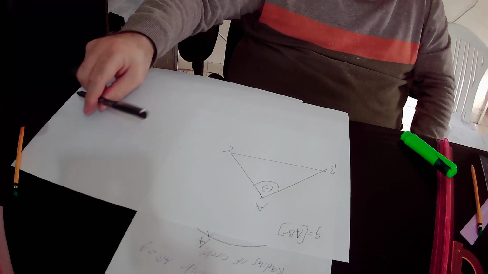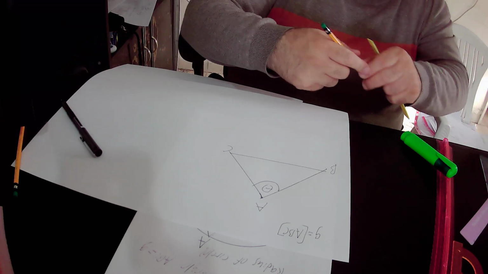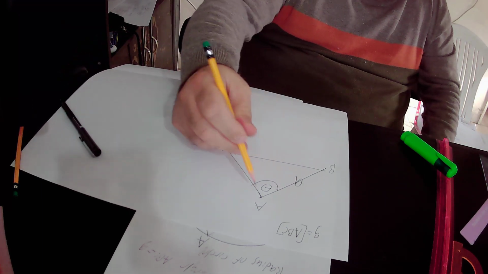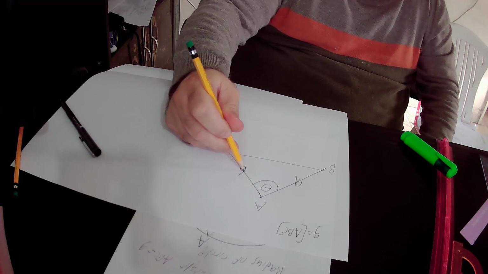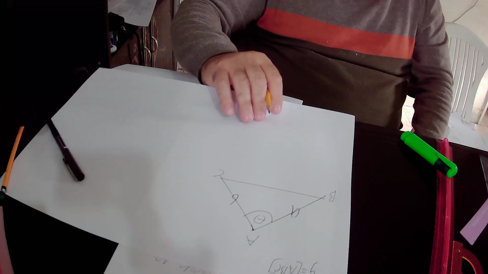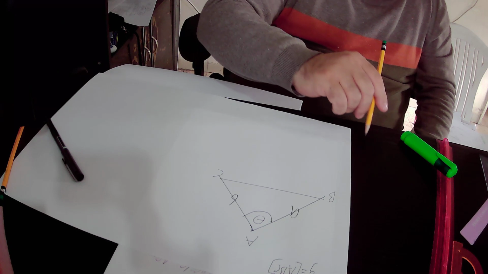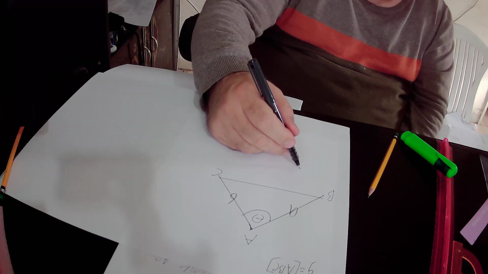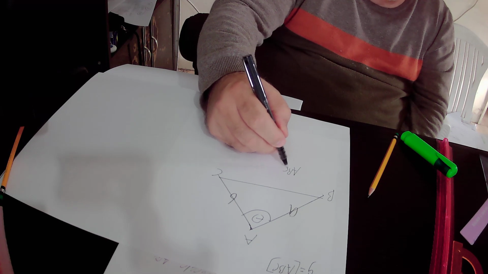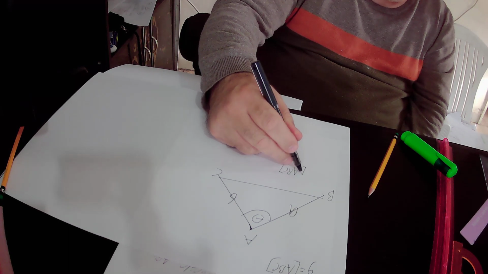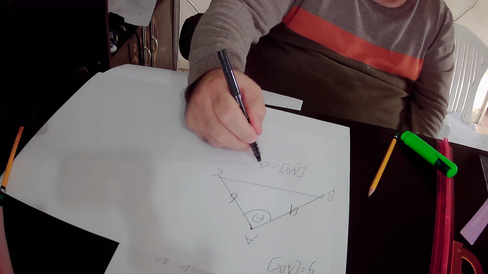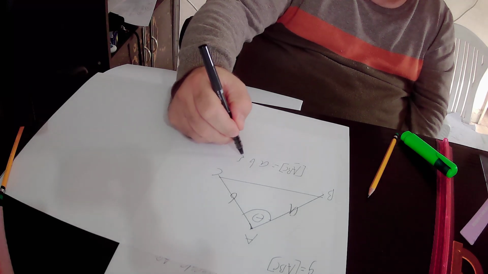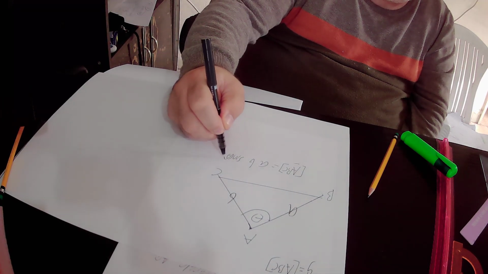The length of side AB is a units, and the length of side AC is b units. Then, according to the new formula, the area of triangle ABC will be equal to a times b times sine theta over 2.